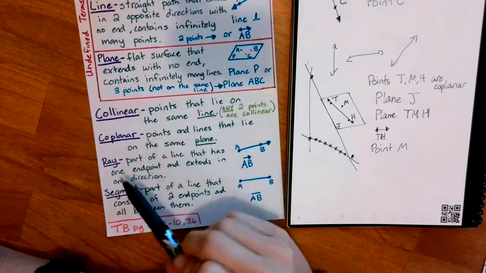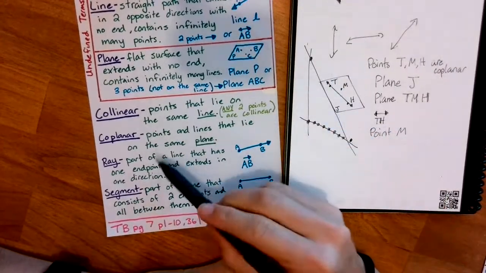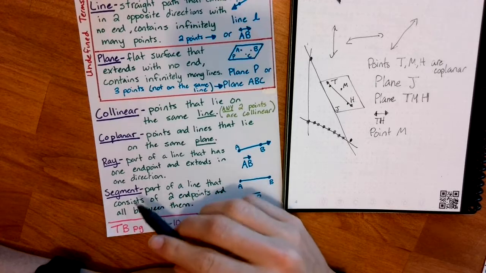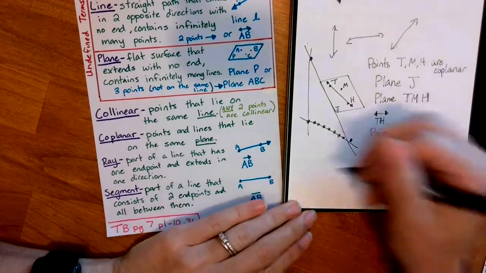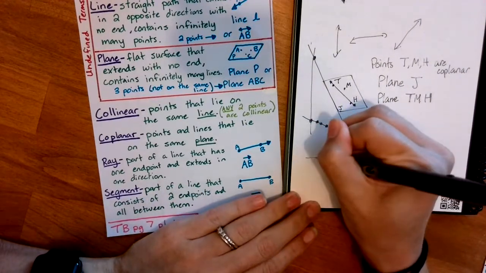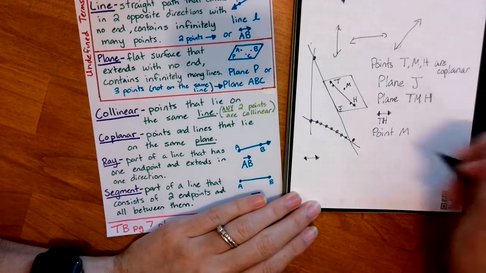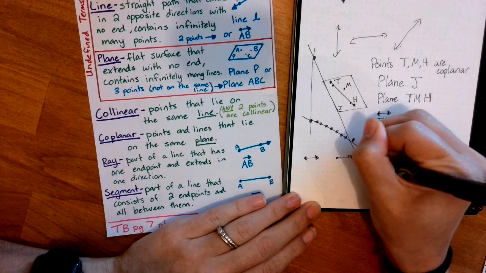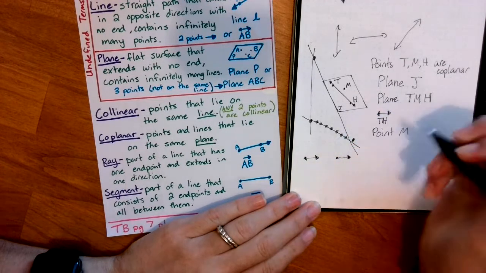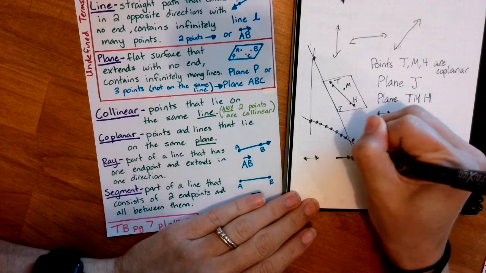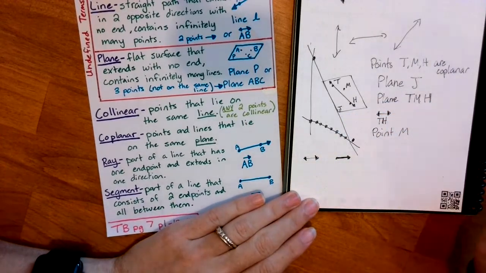So now, let's talk about a ray. A ray is a part of a line that has one endpoint and then extends in one direction. So we know a line goes on in both directions, while a ray only continues on in one direction. And that's actually how we name it as well. Looks like I drew an arrow on both of those, but I did not.